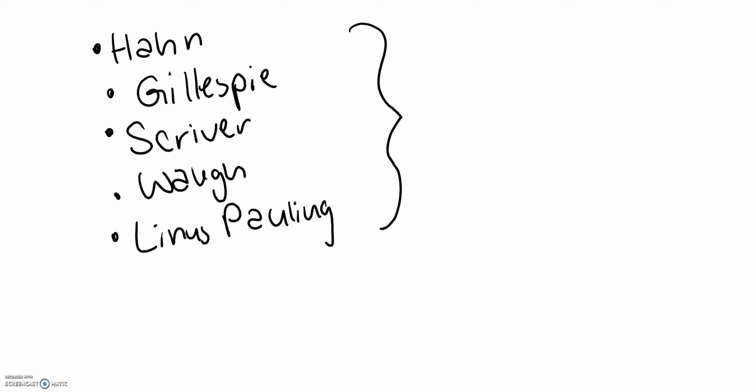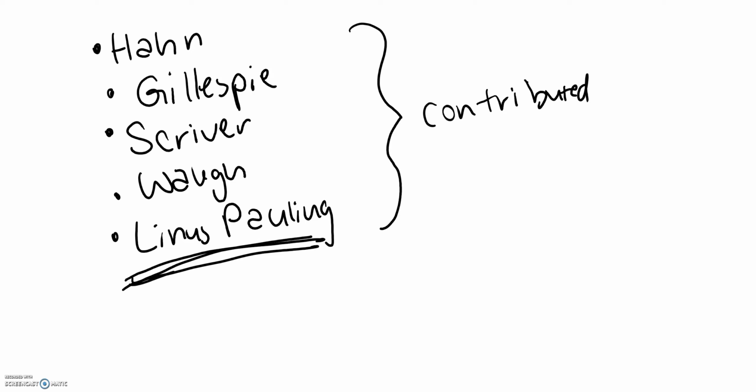And though all of them contributed, Linus Pauling was kind of special because he became the first researcher to hypothesize that sickle cell disease might originate from an abnormality in the hemoglobin molecule.